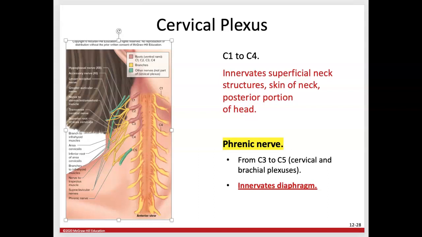So if the phrenic nerve on both sides is severed, then basically you stop breathing, because the diaphragm is an important muscle in relation to breathing. So make sure that you know the phrenic nerve is part of the cervical plexus.